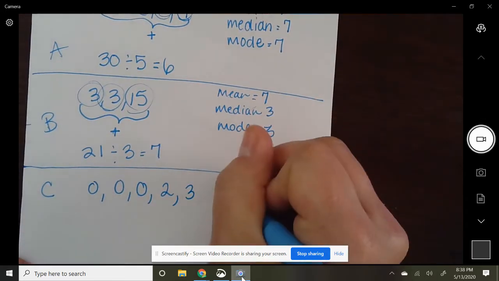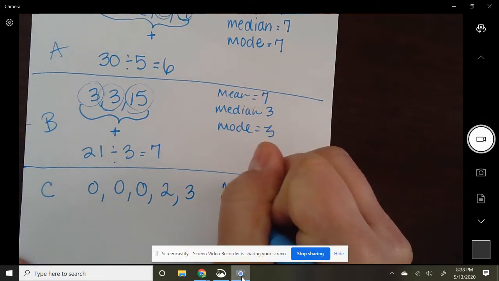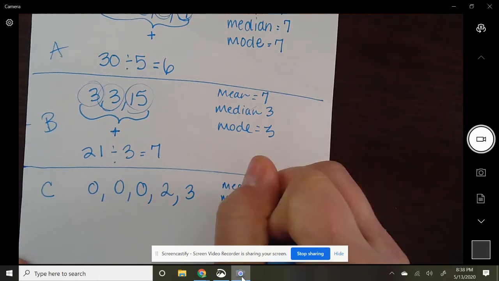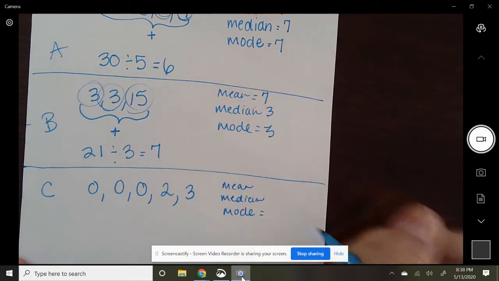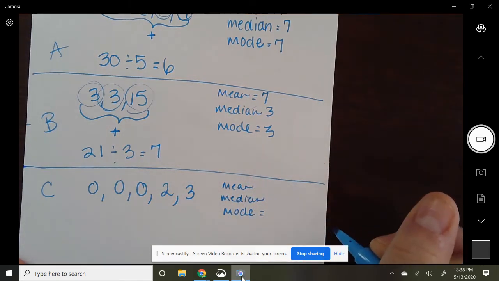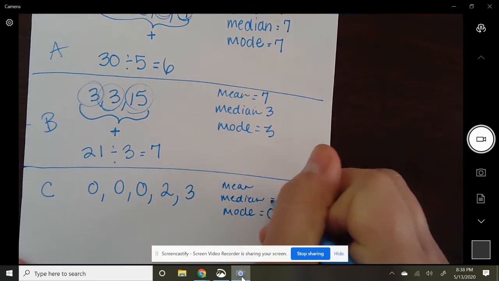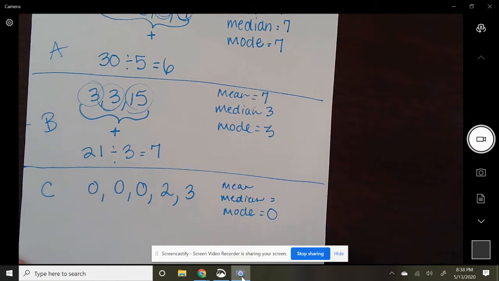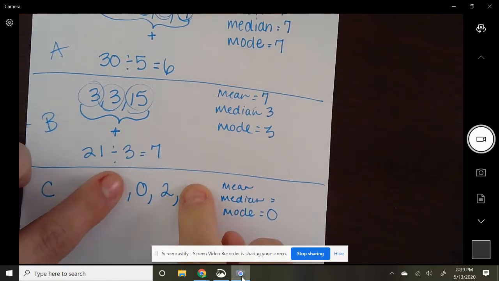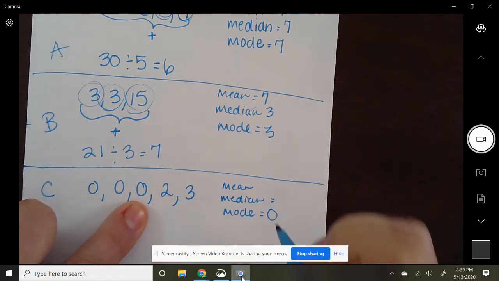And again, we have mean, median, and mode. Mode is the easiest. Mode is most. We have the most zeros. Median is middle. What's in the middle? Front, back, in the middle is a 0.